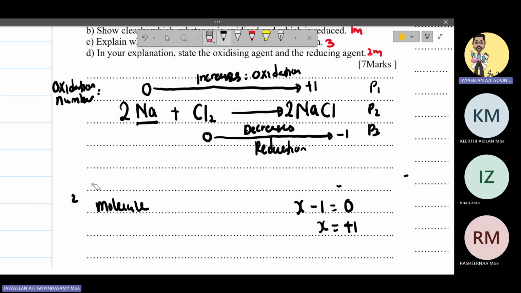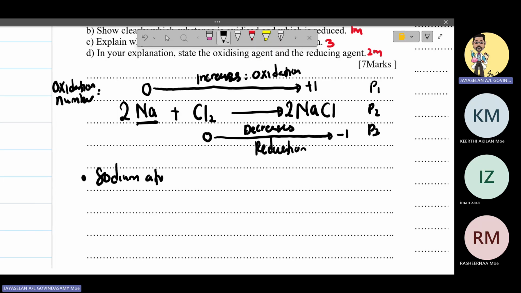Okay, now they want you to explain. Explain, this is 3 marks or 4 marks. Okay, how to explain? I focus on sodium. I put here sodium atoms get oxidized, or undergo oxidation.